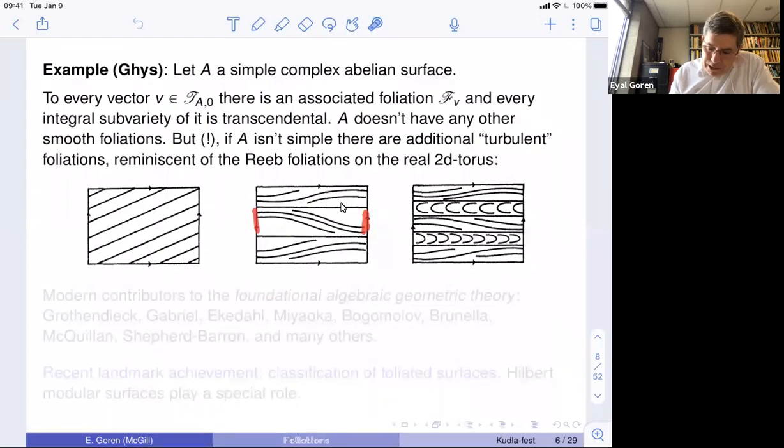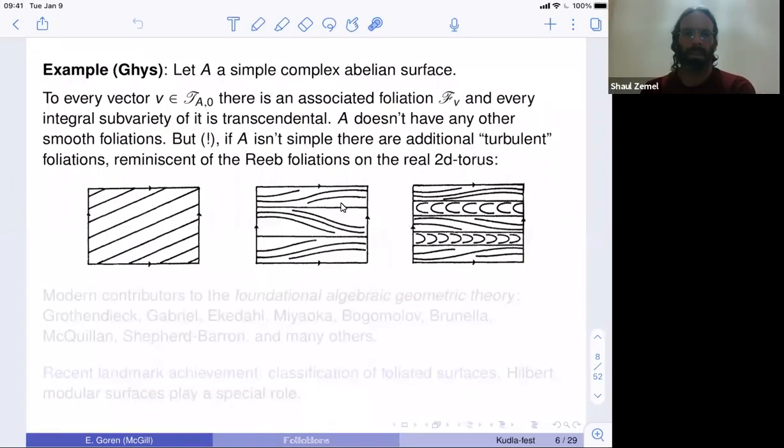In fact, not necessarily in a perfectly linear way, but you can identify opposite sides using a diffeomorphism of this interval and get more complicated structures. And in fact, you can also get foliations of this sort, and this is really what are called the Reeb foliations. So again, I'm just giving some intuition about the richness of the subject. I'm not really getting into the details here. So Etienne's paper is a great source to learn about that.